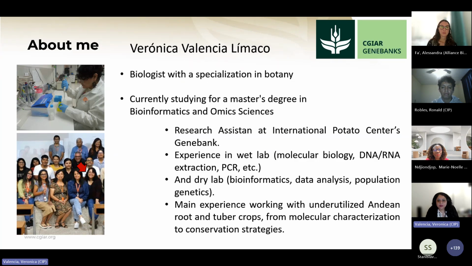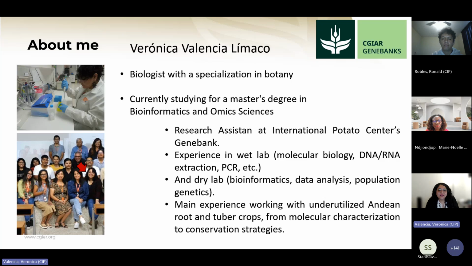So I've done a lot of DNA and RNA extractions and PCRs, but I also do bioinformatics and general data analysis. My main experience is working with underutilized Andean root and tuber crops. So tubers you've never heard of, probably. And I do a lot of molecular characterization for conservation strategies.